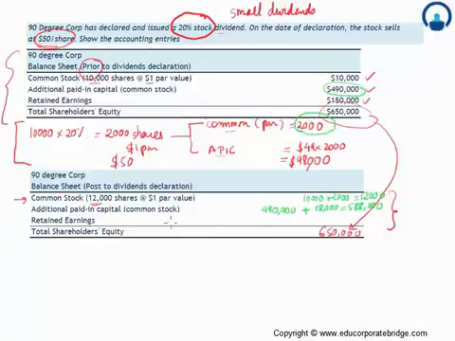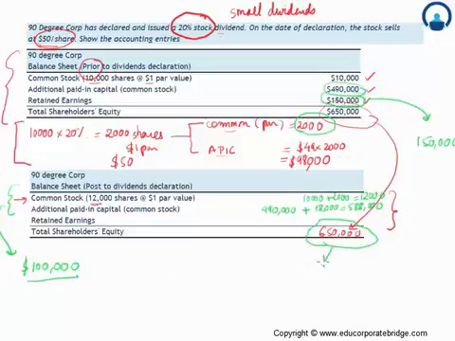And likewise retained earnings. The original amount was 150, and please note that common stock as well as additional paid in capital have increased by a total of $100,000. We also know that the final amount remains the same, so retained earnings is basically a plug figure.